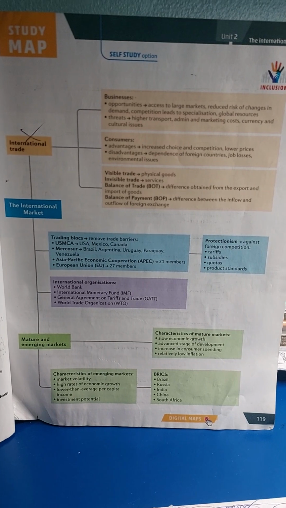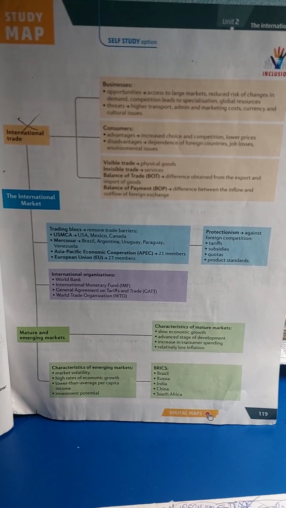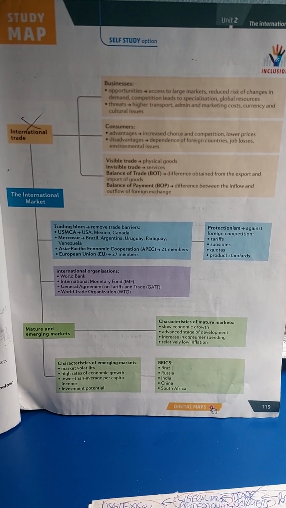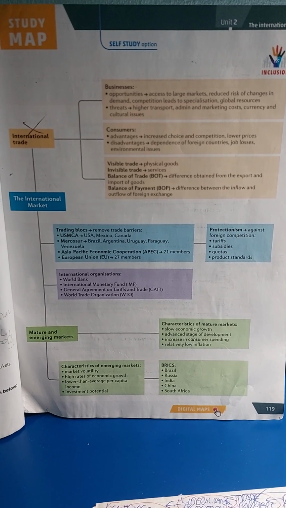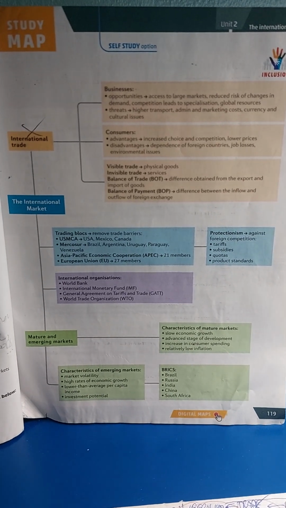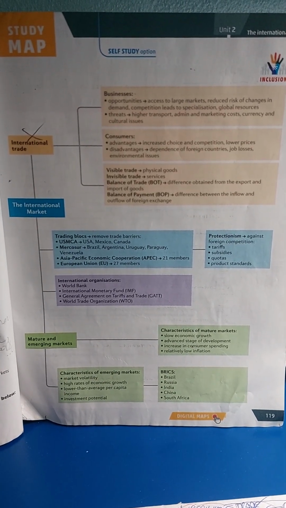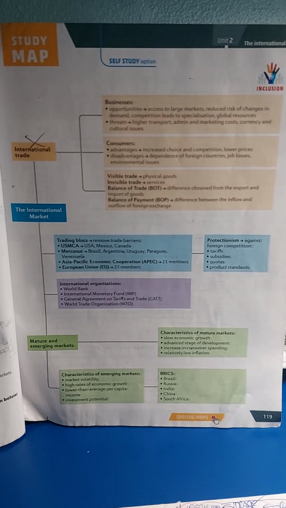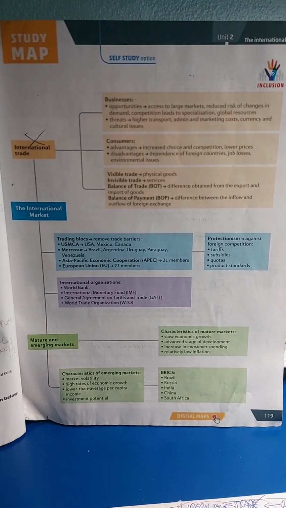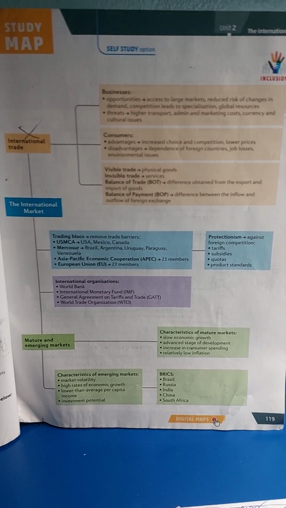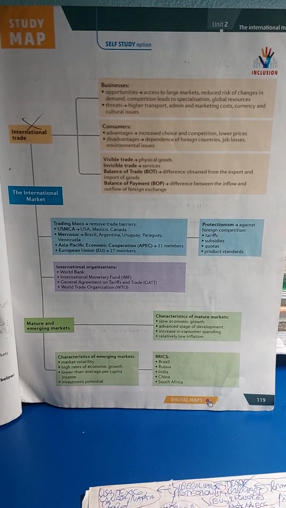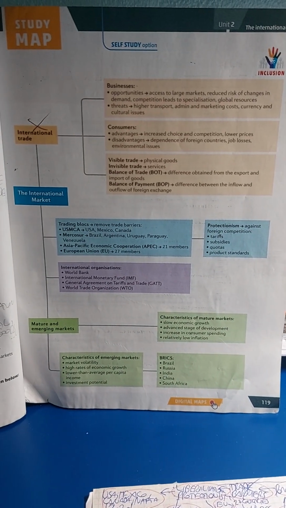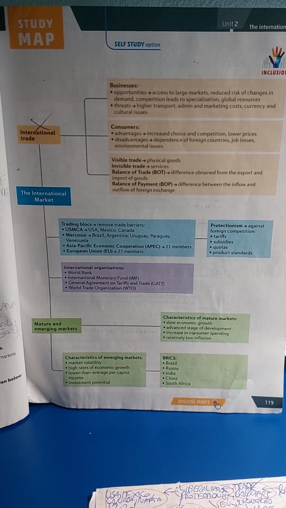Okay, and disadvantages are the dependence on foreign countries, job losses, therefore unemployment, and environmental issues, that is, international trade is harmful to the environment because it causes pollution and high CO2 emissions.